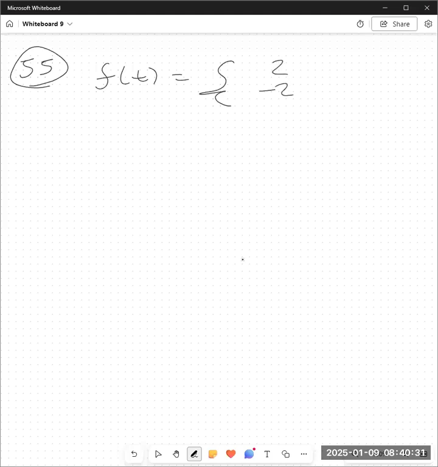So 2, negative 2, 0 less than or equal to t less than 3, and t greater than or equal to 3.